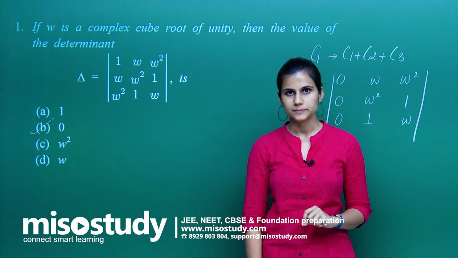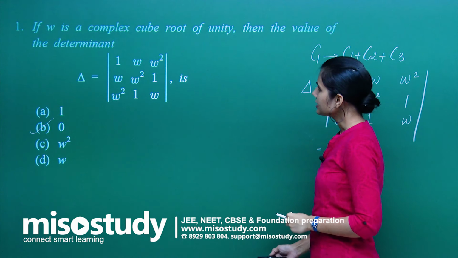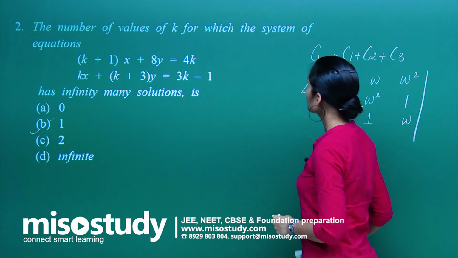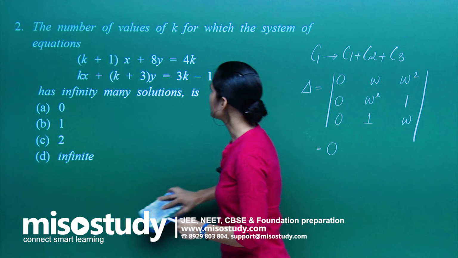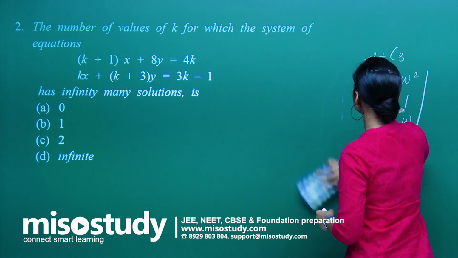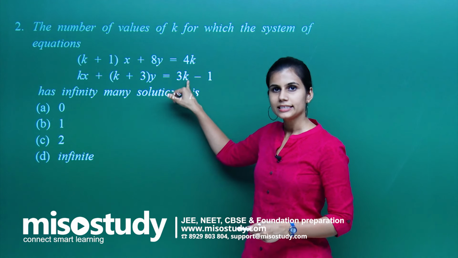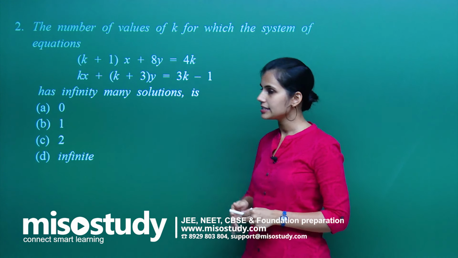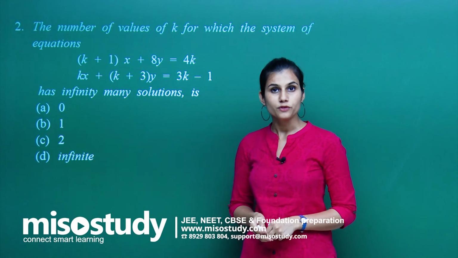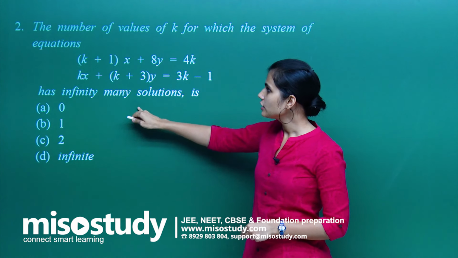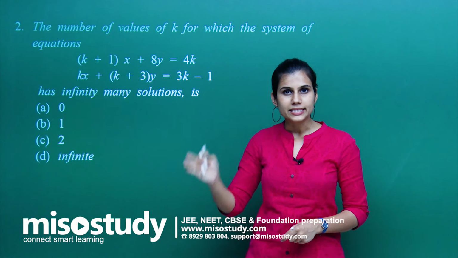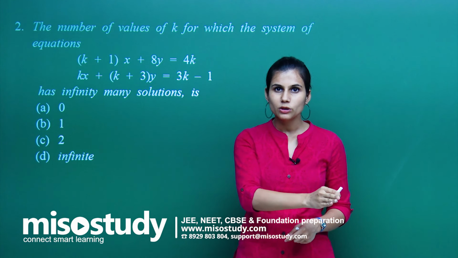Next question says: find the number of values of k for which this system of equations has infinitely many solutions. Now, you are given two equations and it is said that this has infinitely many solutions. By Cramer's rule, if you recall, if this system has infinitely many solutions, that means d equals 0, d1 equals 0, d2 equals 0.